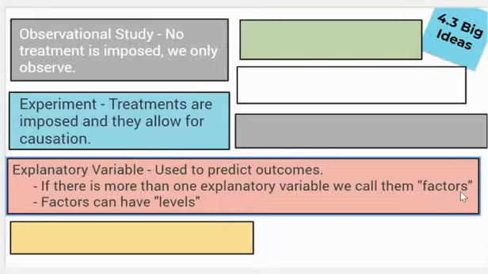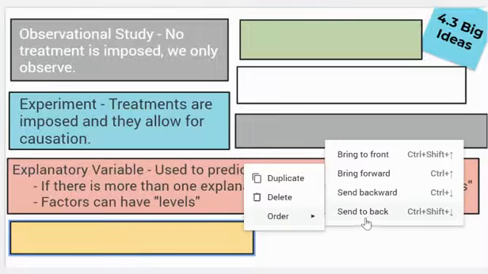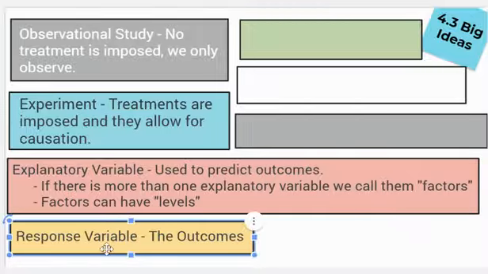Even within the factors, we can have different levels. Maybe there's more than one level within each factor. We're going to dig into this a little bit deeper in just a little bit. Another definition that we want to look at is the response variable. The response variable is the outcomes of the experiment or the observational study.